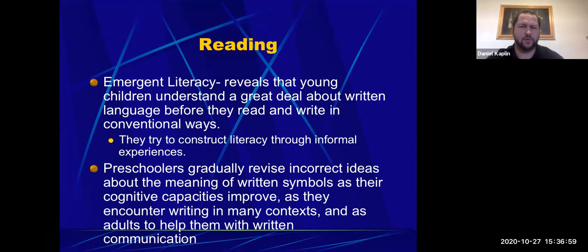So when we talk about reading as a skill that we're trying to understand differences in learning, we see things called emergent literacy, and this is basically children understand much more about the written language before they can actually read and write it.